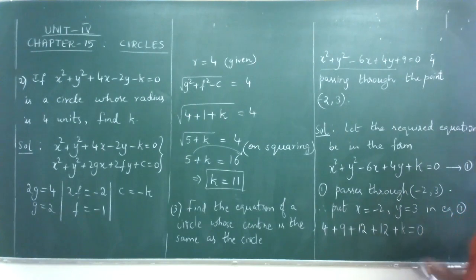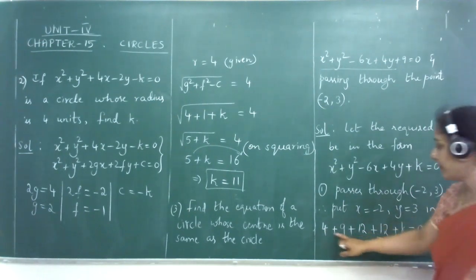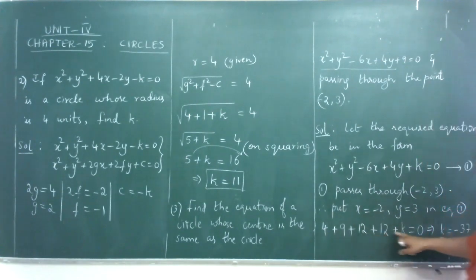Plus k equals 0. Except k, you are using x and y values throughout. When we simplify, 4 plus 9 plus 12 plus 12 is transposed to the RHS, which gives the value of k as equal to minus 37.